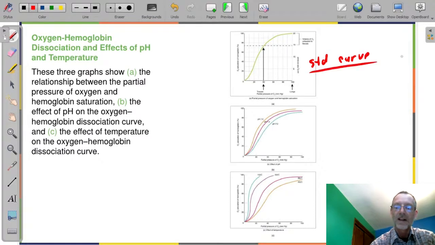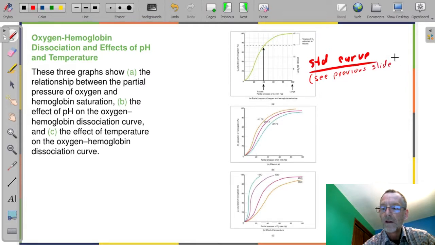Okay, we just talked about that in the previous slide. So I probably could have cut that off and enlarged these two.